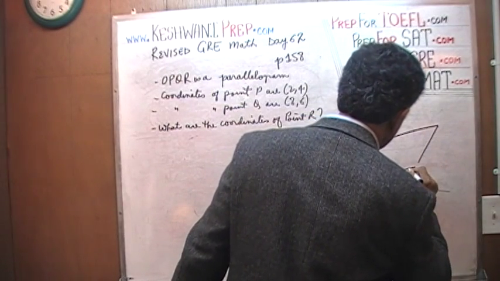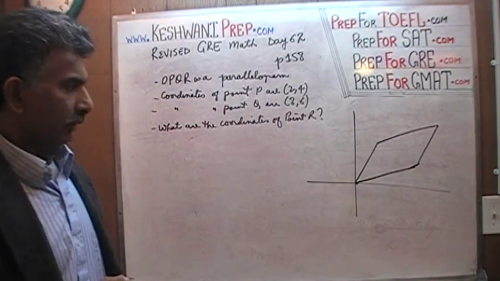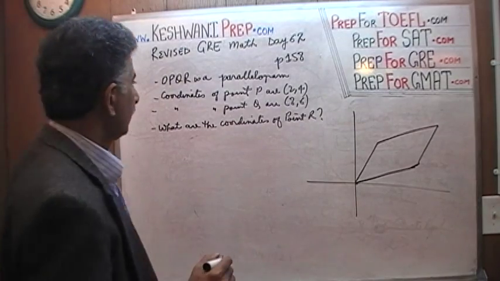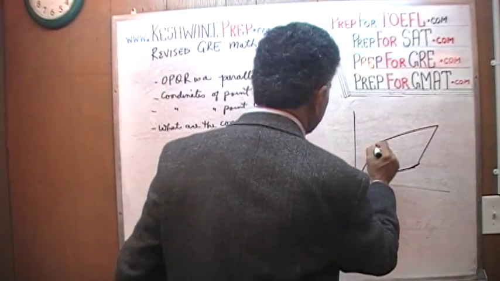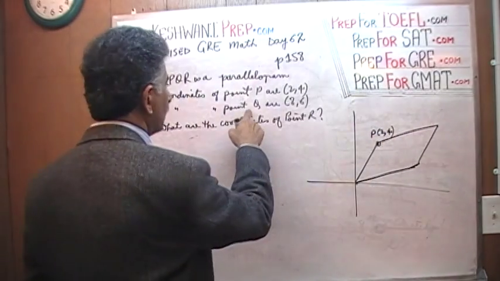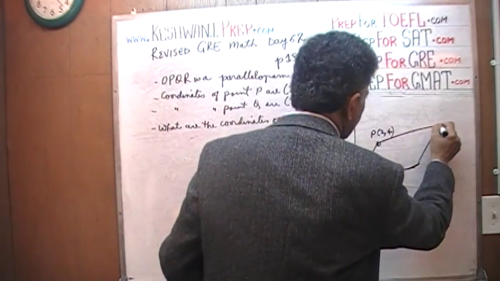It is a parallelogram. The thing has to look like a parallelogram. There we go, that's close enough. And we are told that the coordinates of point P, which is right here, are 2 and 4. We are told the coordinates of point Q.